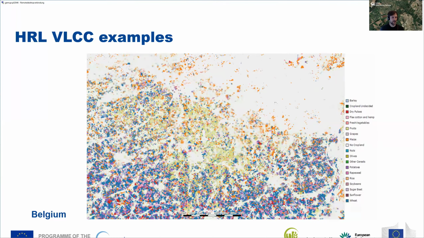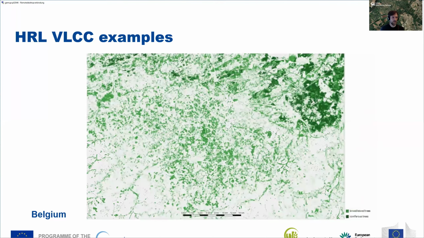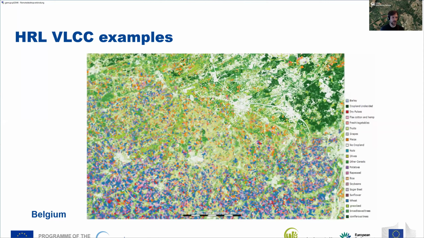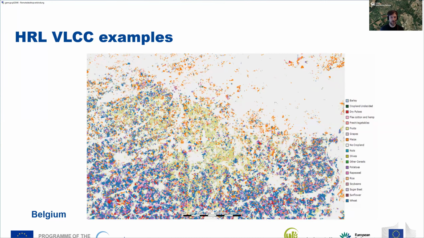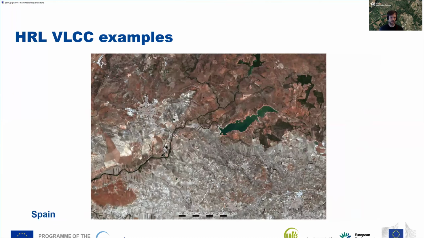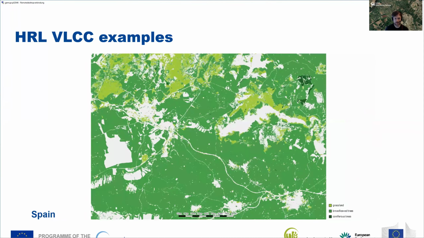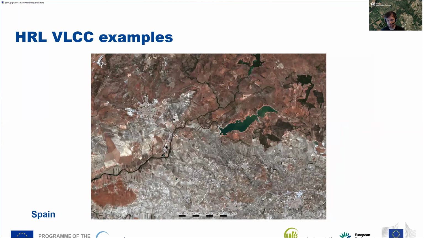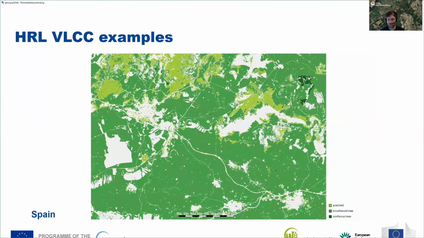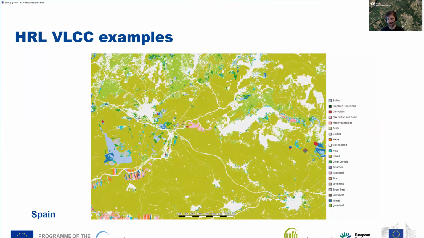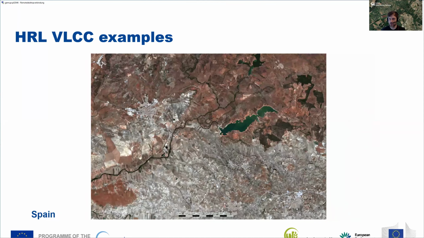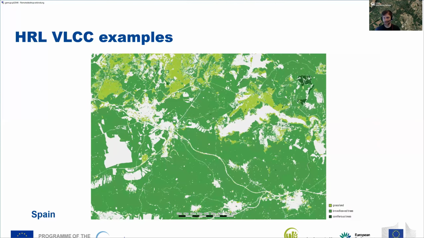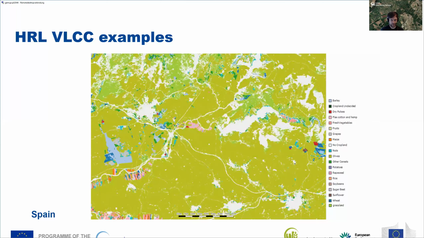And then the final and last example for now would be one in Spain. Here you see large parts also covered with broadleaf trees, and only a small section in the eastern part classified as coniferous trees.